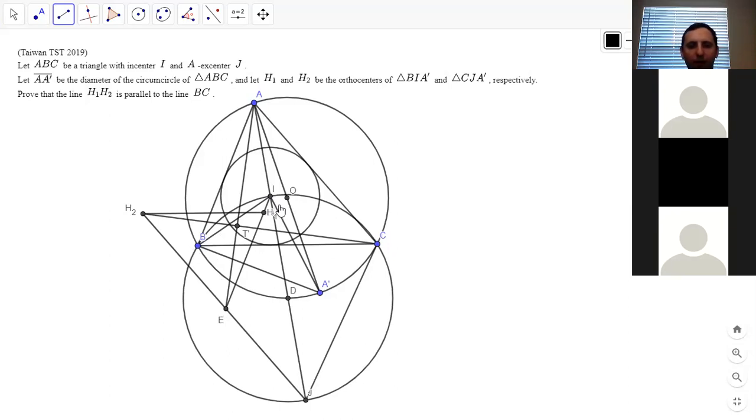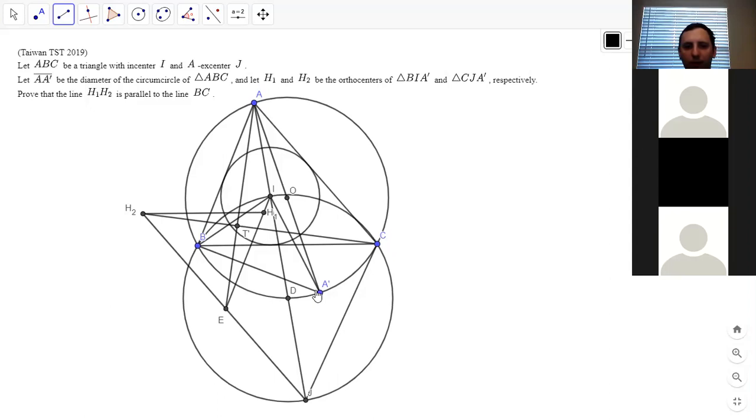It's kind of the same definition, because E is defined as parallel to AB, but we know AB is perpendicular to BA prime. Makes sense though.